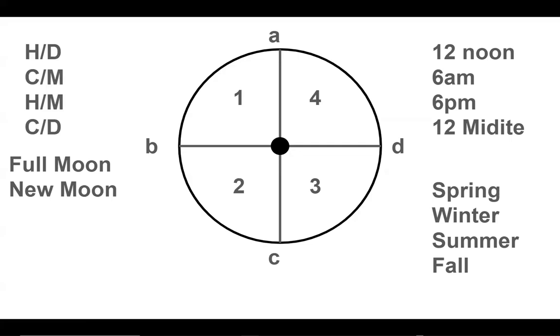Matter of fact, I didn't put it up here, but let me just ask you, what are the 4 basic mathematical symbols? There's only 4. Plus, minus, division, and multiplication. Exactly. All right.